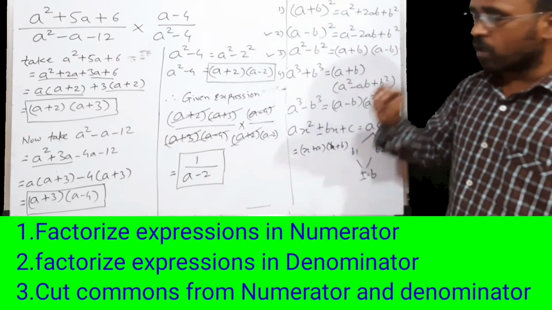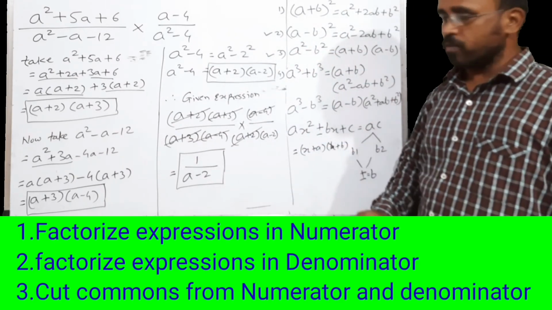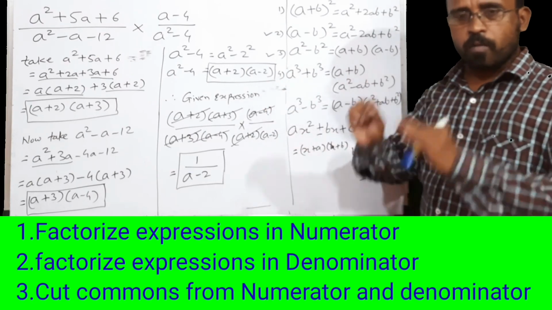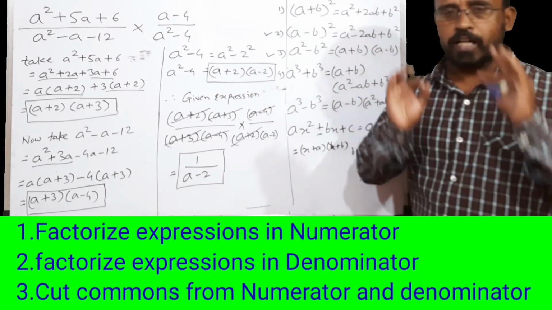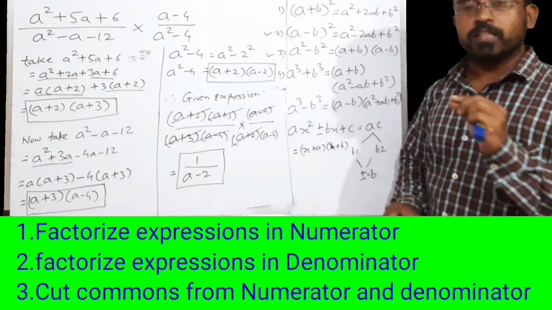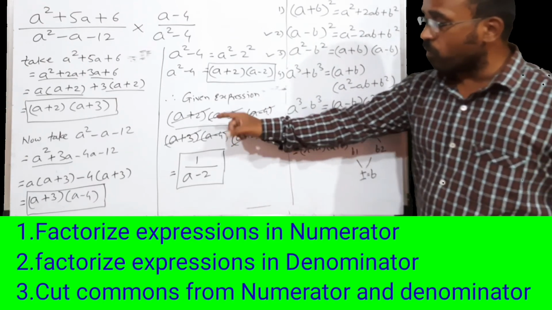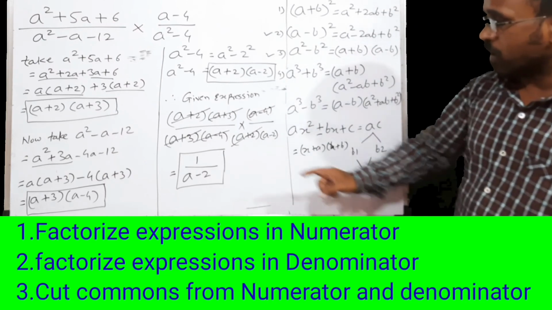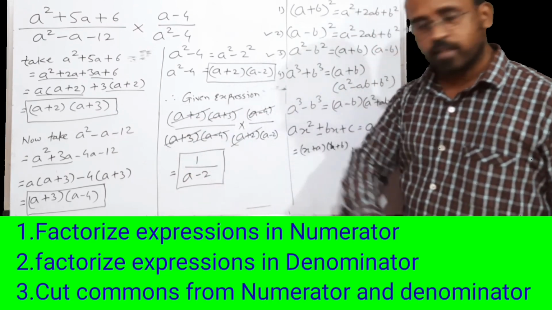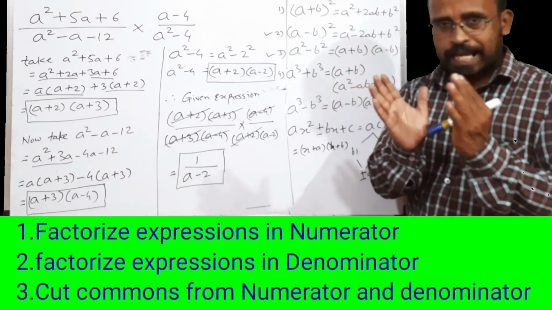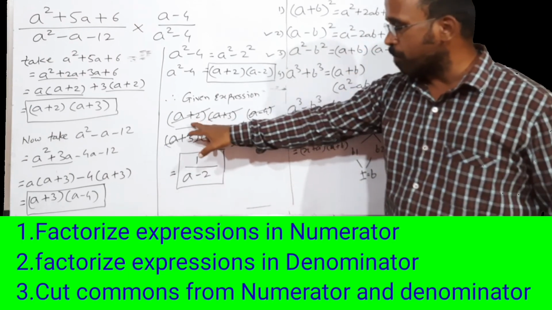Third thing, after factorization, cut the common factors from numerator and denominator. Okay. And the most important pro tip, while cutting, cut whole bracket. It shouldn't happen that this a is cut and this a is cut. It's not. You can directly cut whole bracket. A plus 2 directly you can cut.